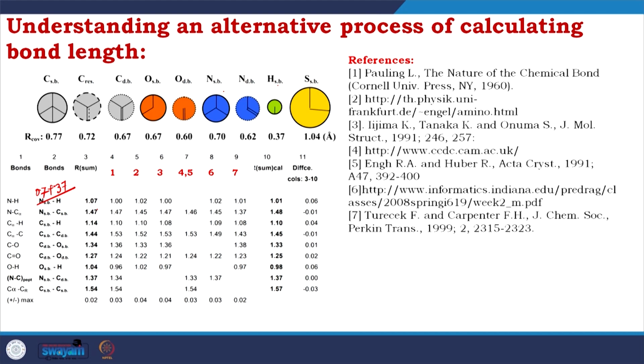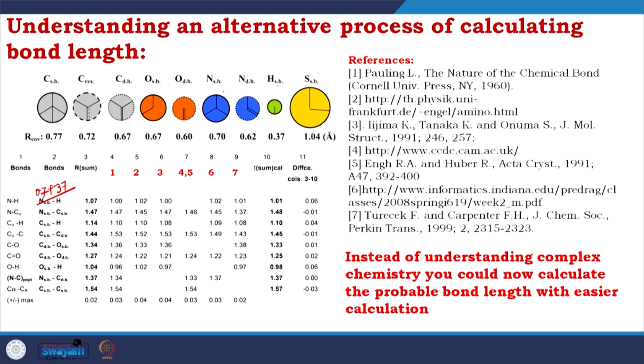We have taken very relevant references where people have calculated, and you see that the difference in validity ranges from 0.06 to 0.0. So, this is very accurate and you could use it.